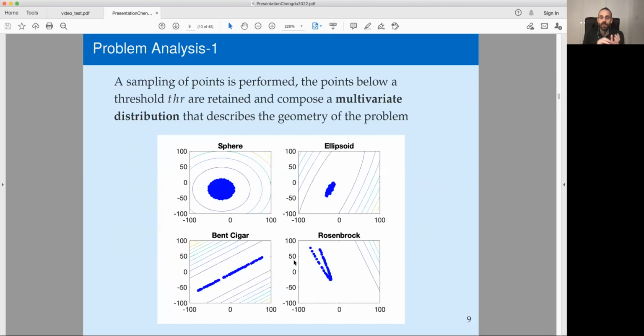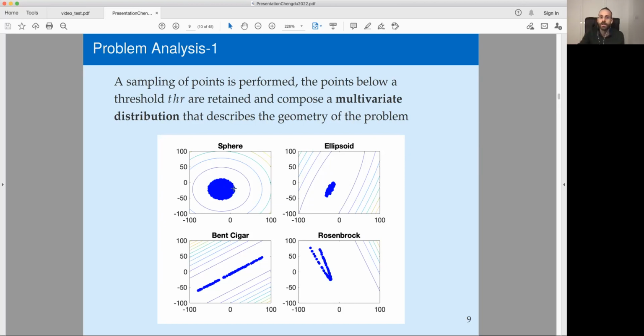So let us look at these examples. Here we have problems in 2 dimensions, which means that you may think of your function as a surface in space. So in this case, we have got a sphere. And what happens is that we sample some points, then we fix a certain threshold, and we retain in a data set only the points that are below that threshold.